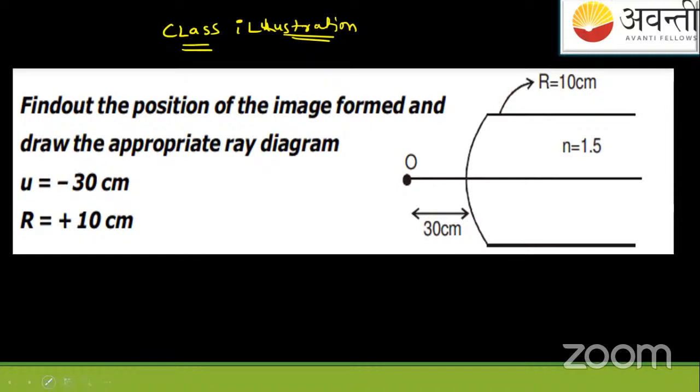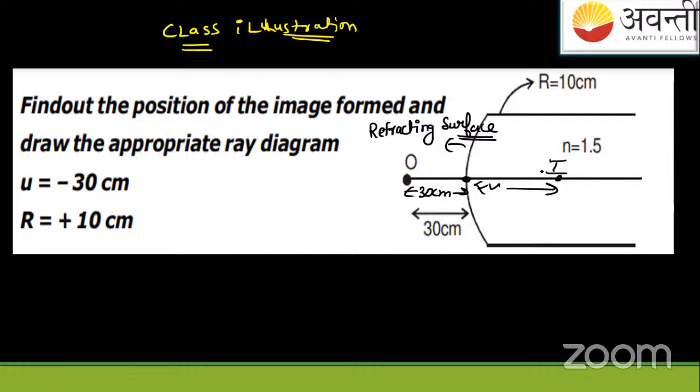You can see here what conditions are given. This is a refracting surface, and this is the object, which is at 30 centimeters from the center point. V is the image distance, suppose it's forming here.